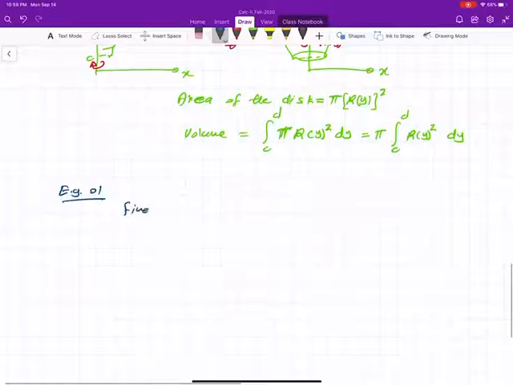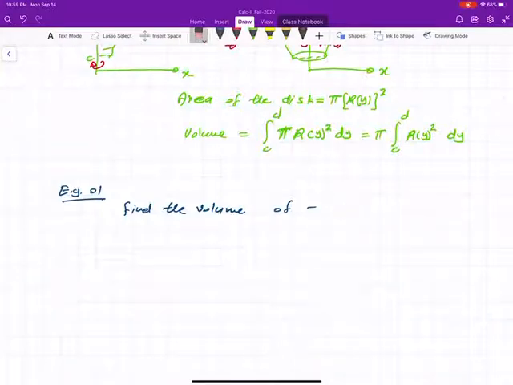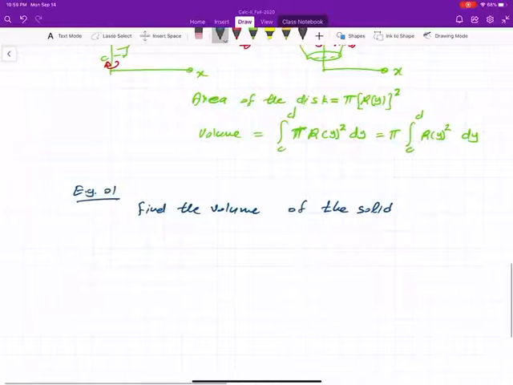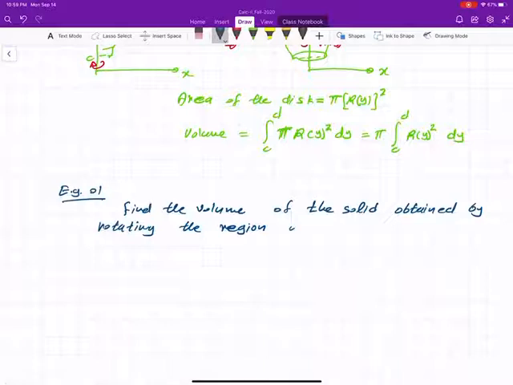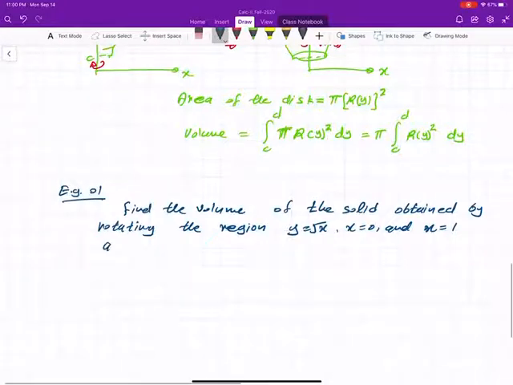Find the volume of the solid obtained by rotating the region y equals square root of x and x equals 0 and x equals 1 about the x-axis.